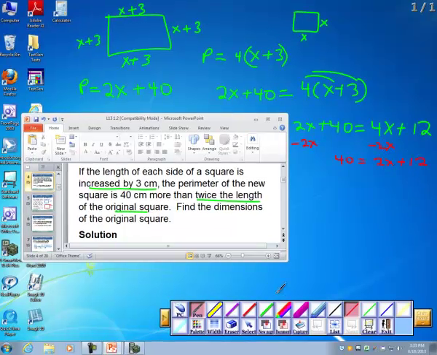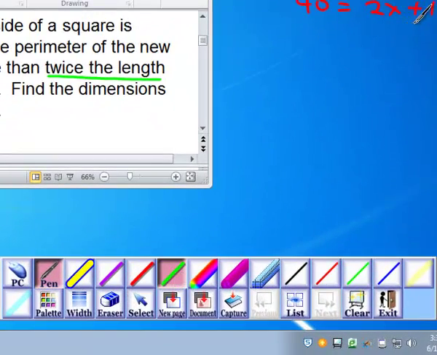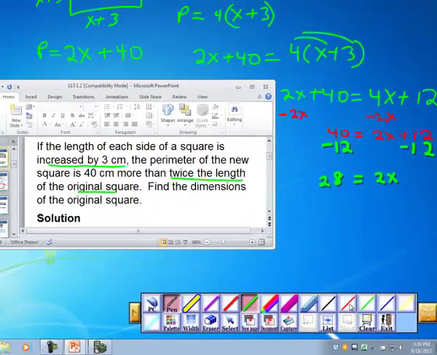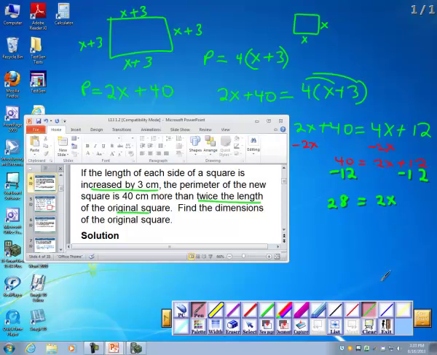And then apply minus 12 to each side. We get 2x equals 28. And then we divide by 2, and we get x equals 14.